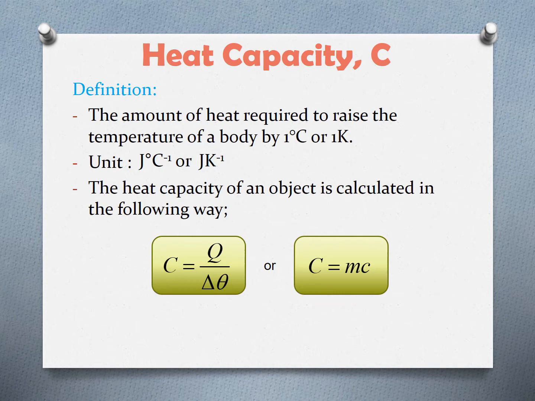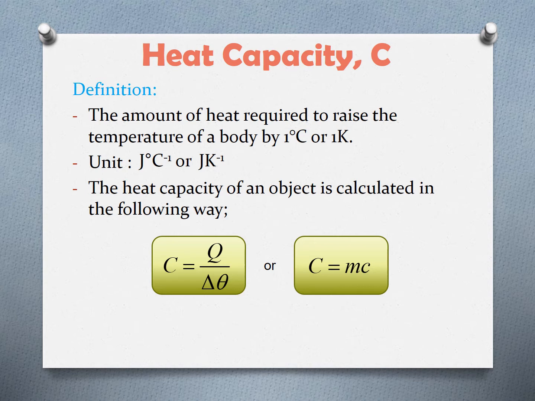Now we're going through heat capacity. What is heat capacity? Heat capacity is the amount of heat required to raise the temperature of a body by 1 degree Celsius or 1 Kelvin. The unit of heat capacity is joule per Celsius or joule per Kelvin.